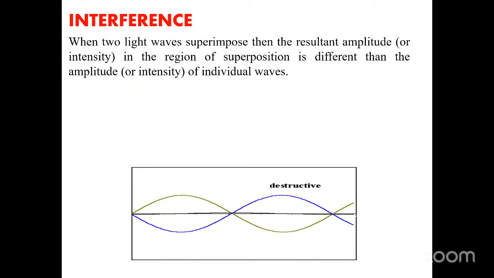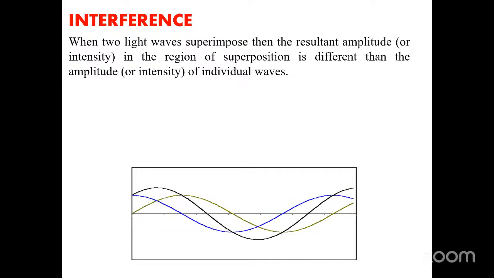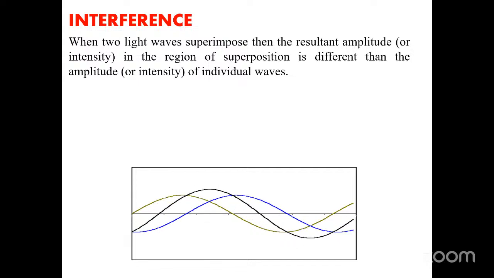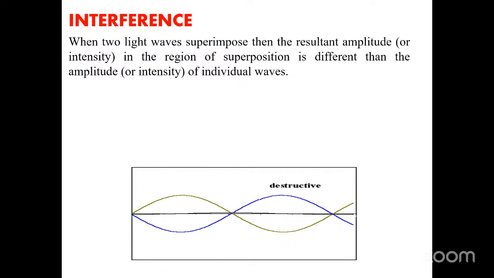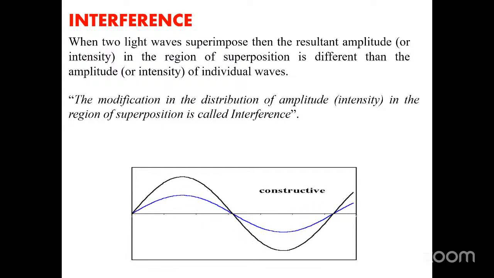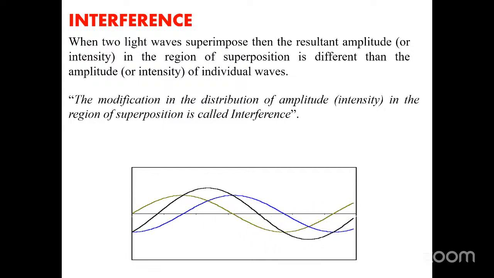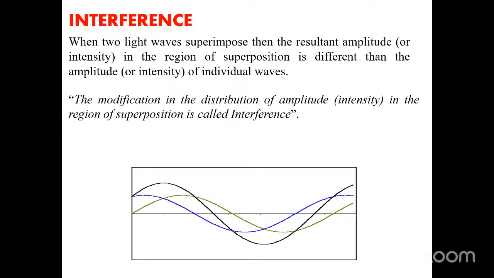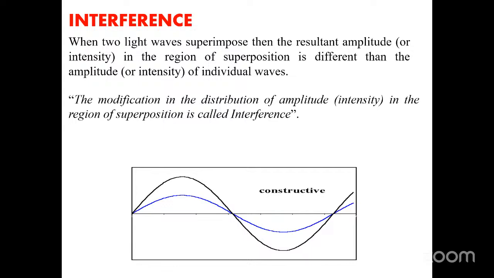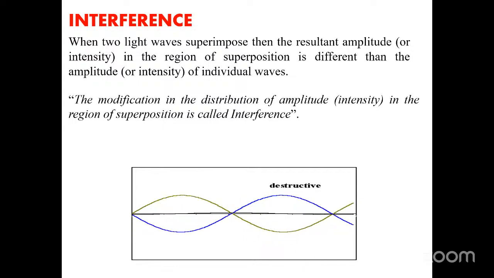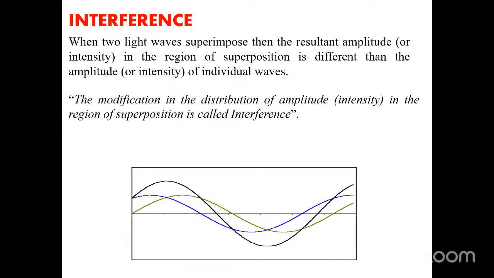You can easily observe the diagram. Is it clear? So the modification of the distribution of amplitudes in the region of superposition is called interference.